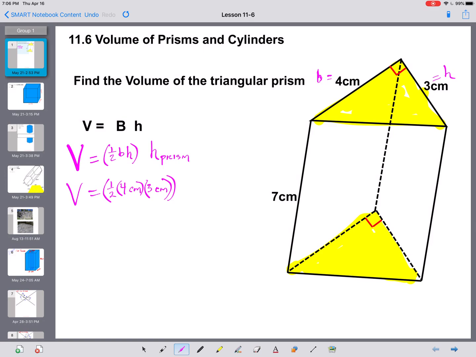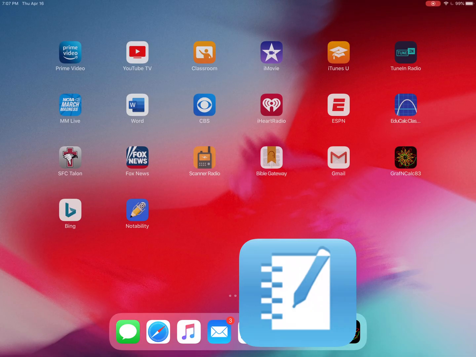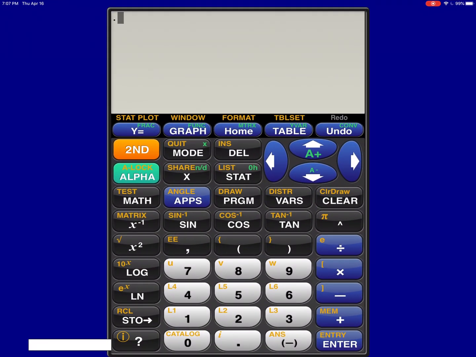What's the height of the whole prism? Yeah, that's right here, 7. So 1/2 times 4 times 3 times 7. Nice, 42.